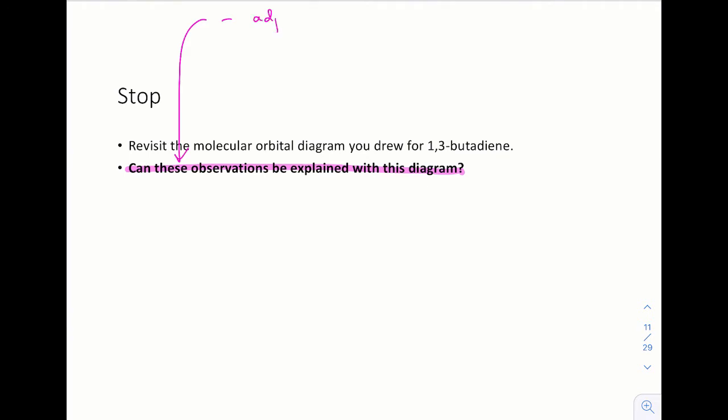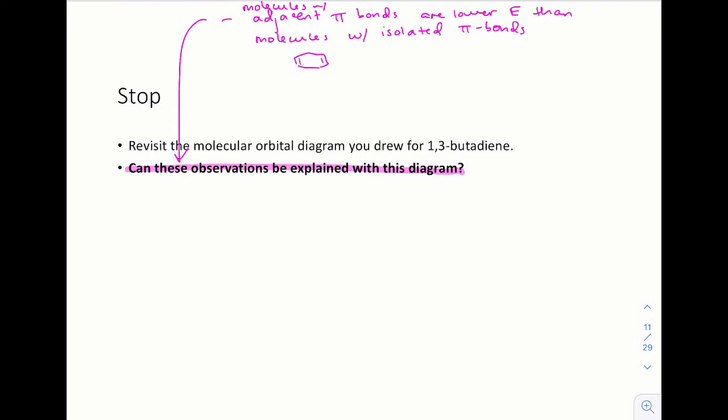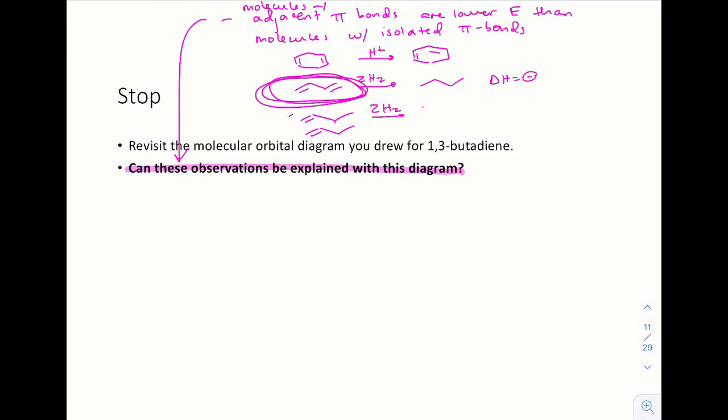So adjacent pi bonds are lower energy than molecules with isolated pi bonds. We saw that in the isomerization example and in the heat of hydrogenation example, because less heat was released when the two adjacent pi bonds reacted versus two isolated pi bonds. That suggests that this system was already lower energy than the two isolated pi bonds.